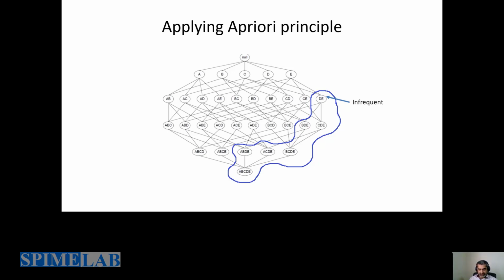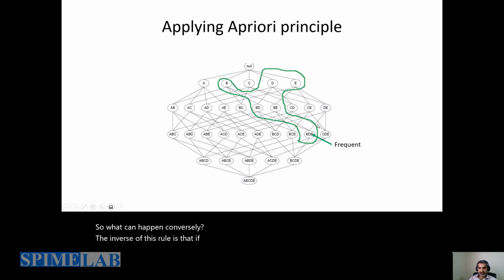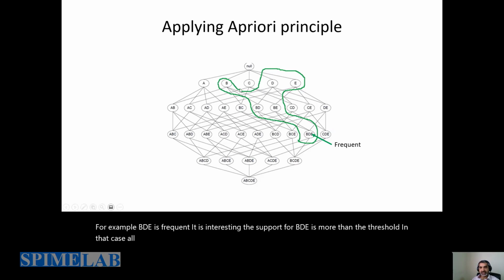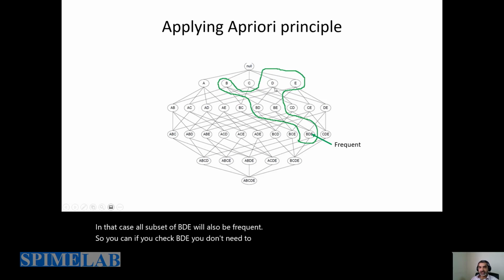So what can happen conversely? The inverse of this rule is that if something is frequent, for example, BDE is frequent and interesting, meaning the support for BDE is more than the threshold, then all subsets of BDE will also be frequent. So if you check BDE, you don't need to check BE, BD, D, E, B individually.